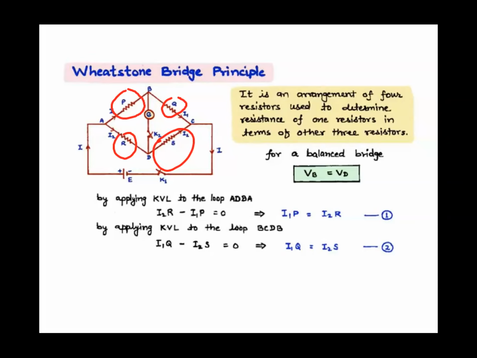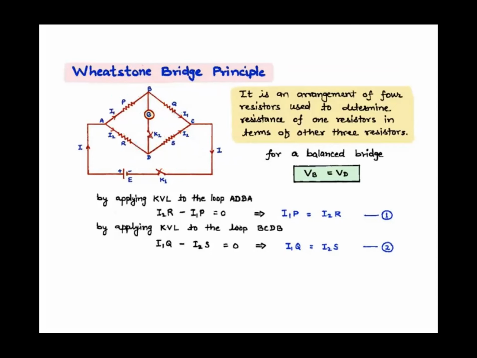Now here, as you can see, the Wheatstone bridge consists of four resistances, P, Q, R, and S. They form the arms of a quadrilateral. We know what a quadrilateral is, right, children?